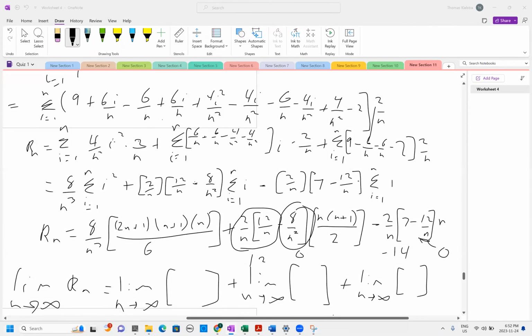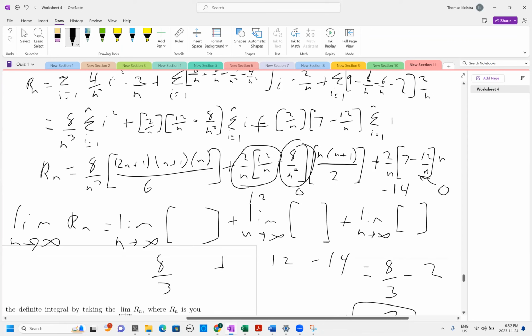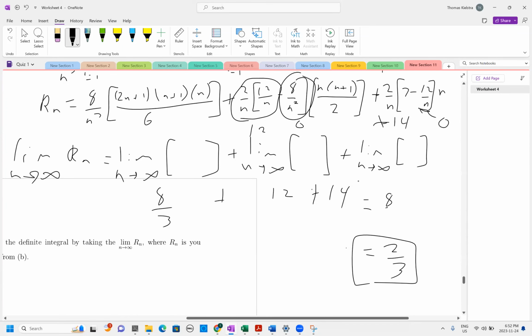Just want to note that there was a small error in what I did. There should be a plus here, not a minus, which means this is a plus, which means we're not subtracting 14, we're adding 14. When we're adding 14, this doesn't give us subtract 2. This will actually give us 68 over 3, not 2 over 3.